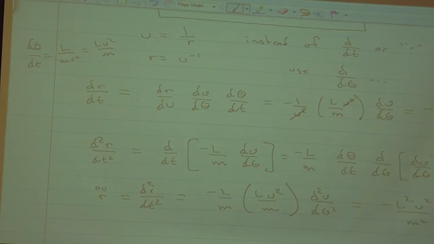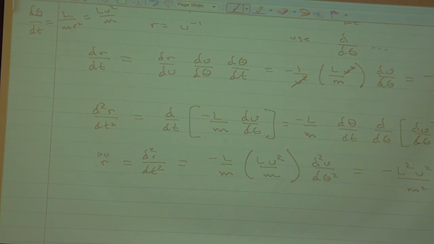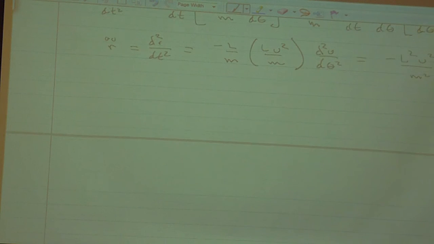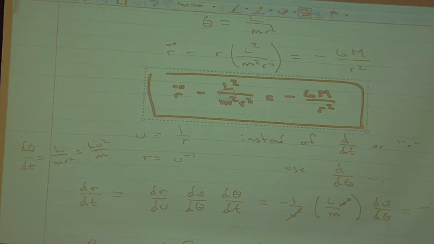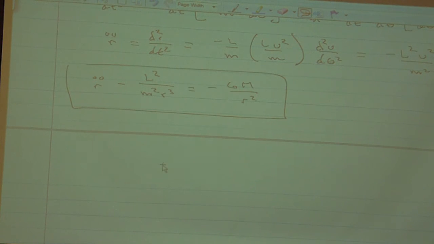Alright, now at this point you should be going, what the hell am I going to do with this? I'm going to go back to my ugly looking equation, copy it, and replace terms.